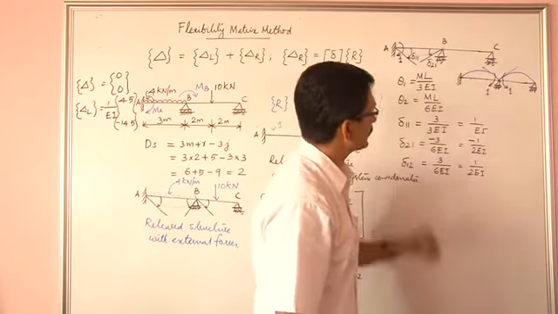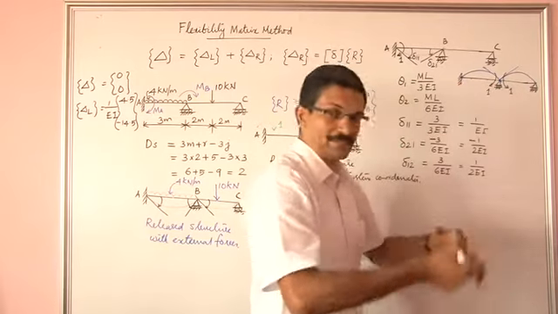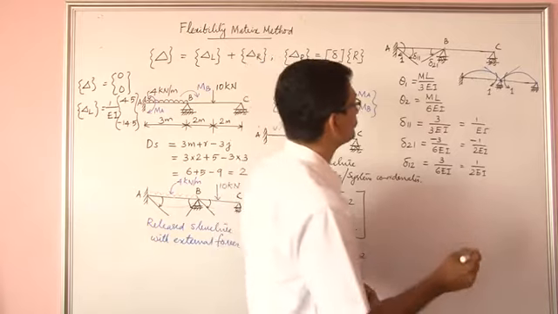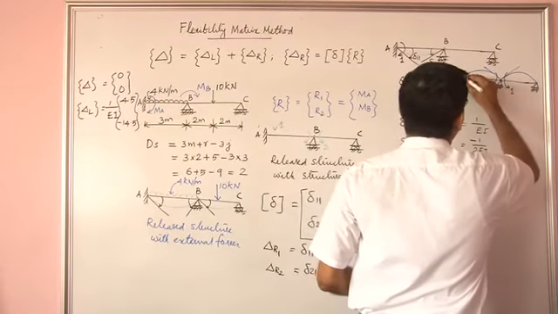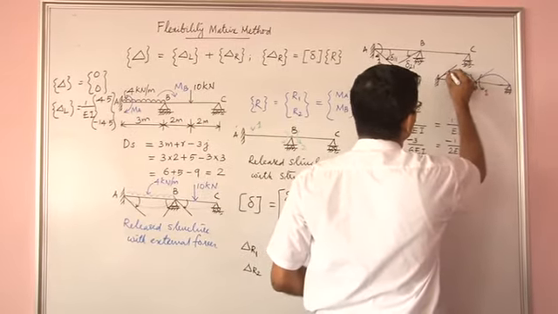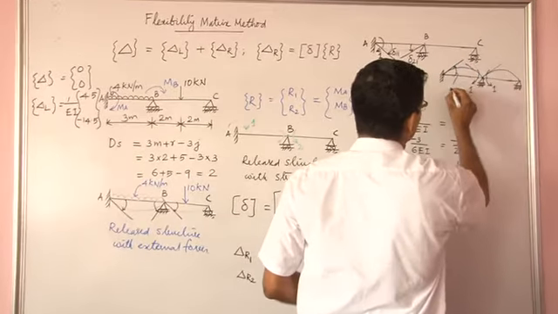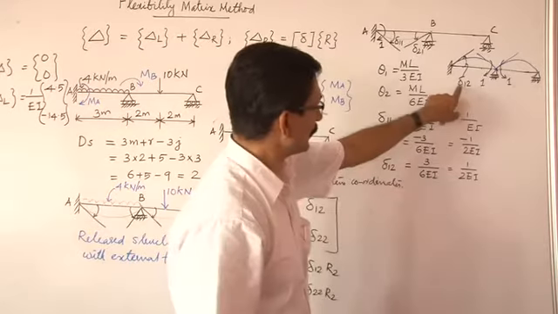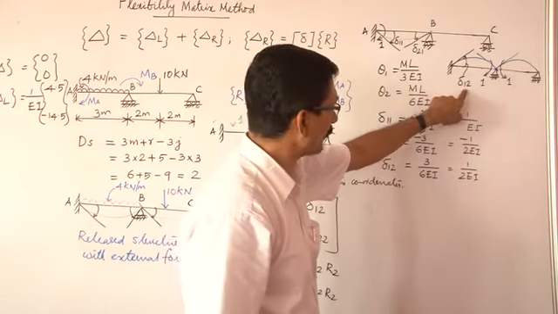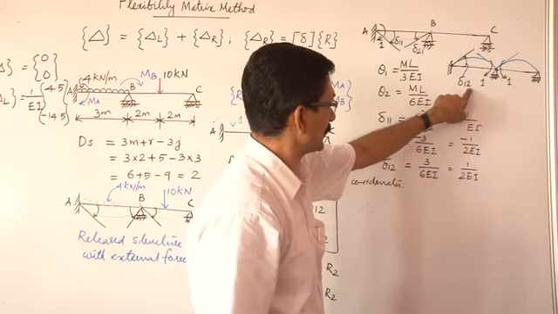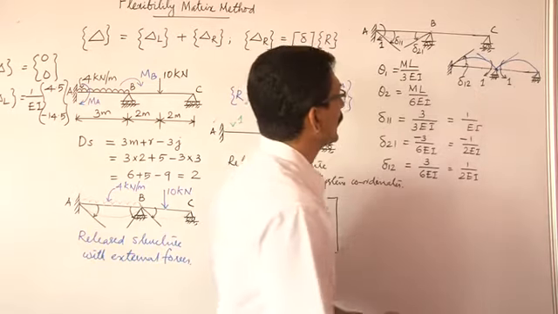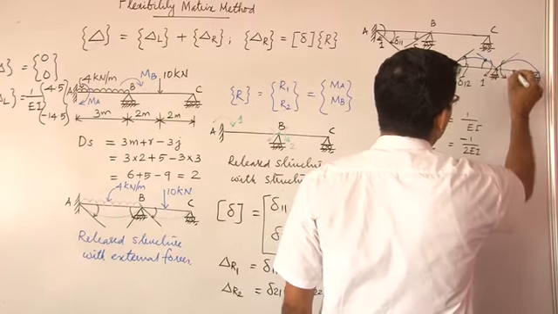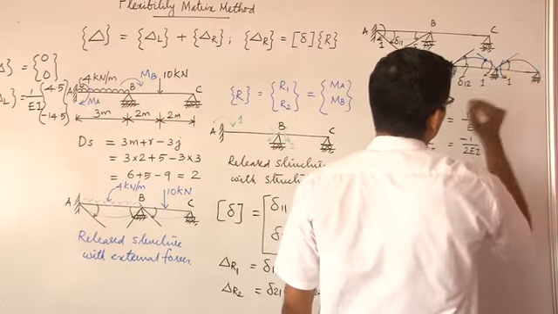Now the similarly supported spans, these two spans, bend in this fashion, and now the rotation here will be anti-clockwise, and this will be our delta 12. Rotation or deflection corresponding to coordinate 1 when we apply a unit rotation corresponding to coordinate 2. Delta 22 will be the sum of these two angles, this angle and this angle. That is delta 22.